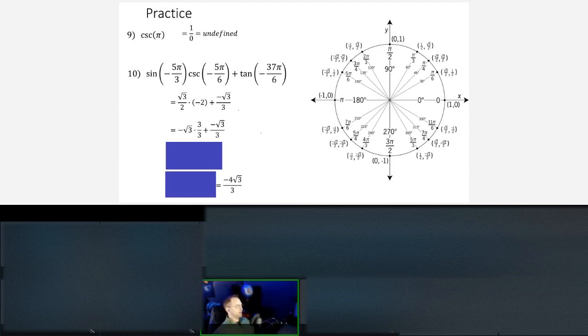Oh, I should have had that in blue. This part should be in blue because I need to get it to be the same. This is the part I told you, Dianica and the rest of you who stopped at this step, you had negative radical 3 plus or minus radical 3 over 3. We got to multiply this first term by 3 over 3 to get it to have the same denominator.